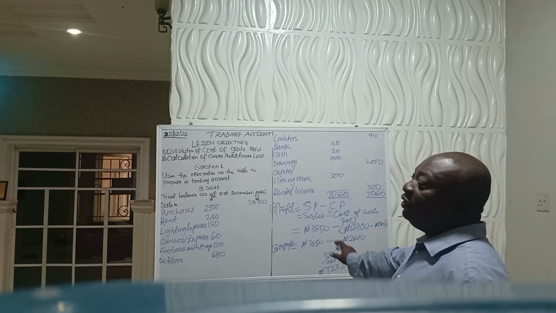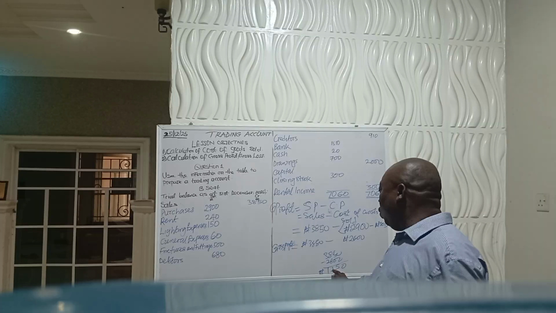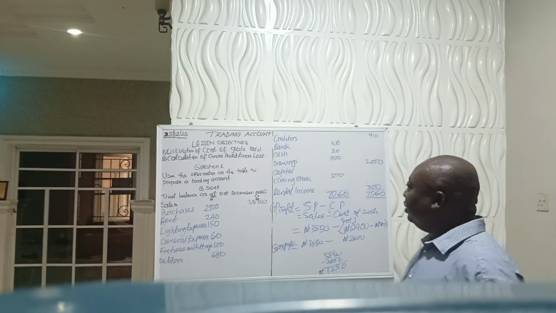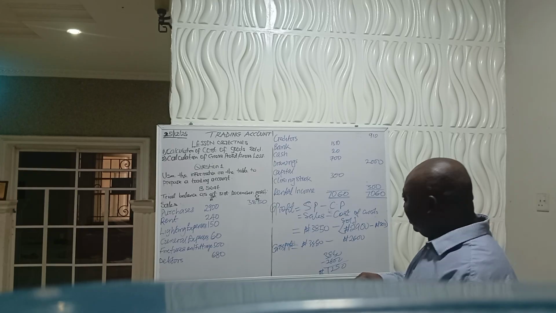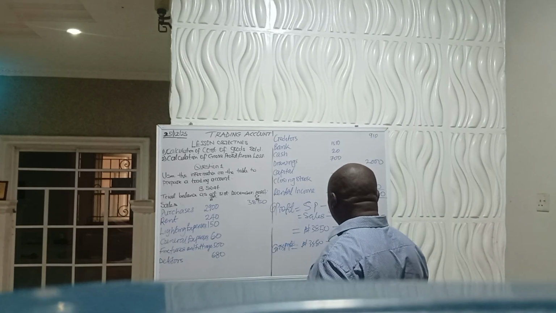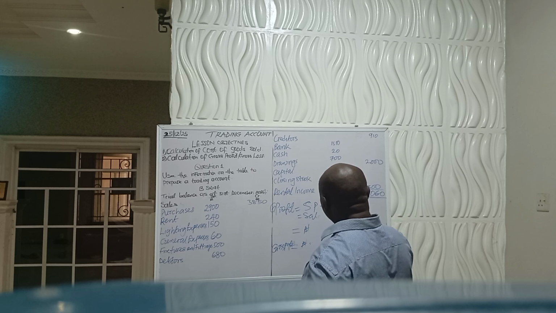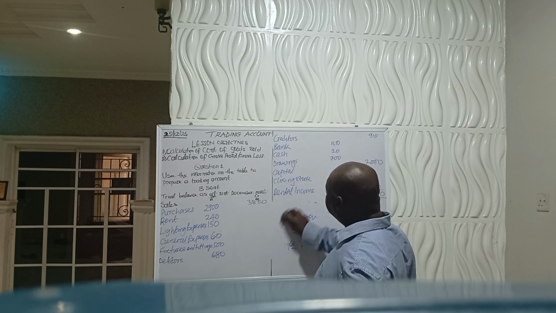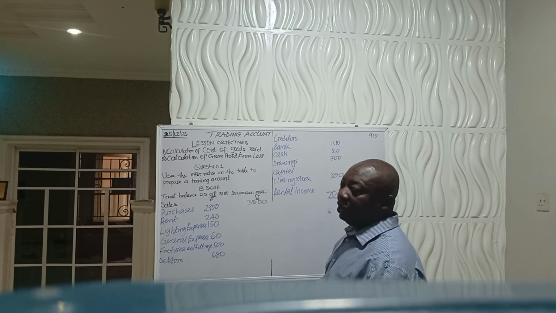So your gross profit, as far as this question is concerned, is 1,250 naira. So this is one way of solving this, but generally in accounting, we don't solve it this way. If it is objective multiple choice questions, we can quickly solve it this way.